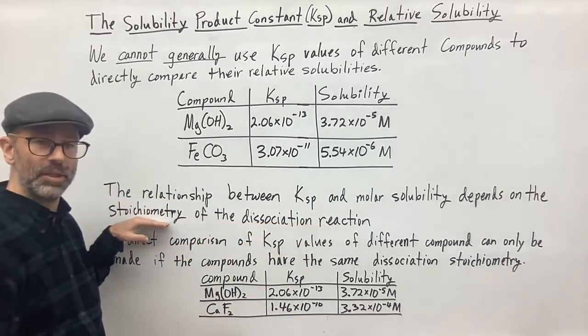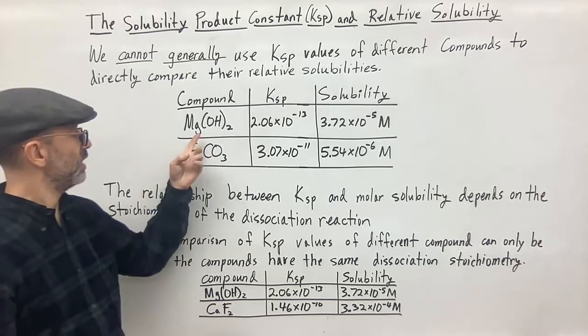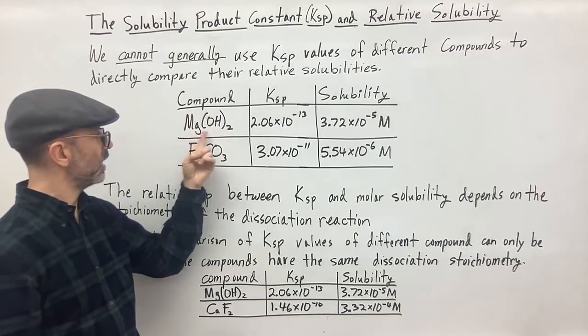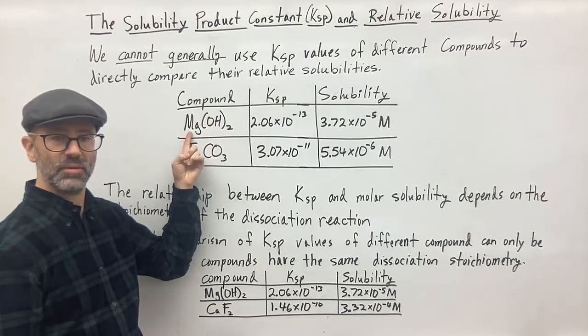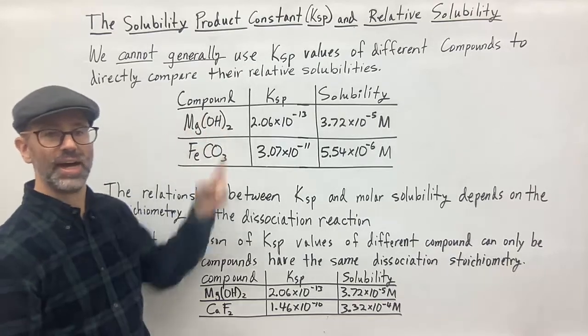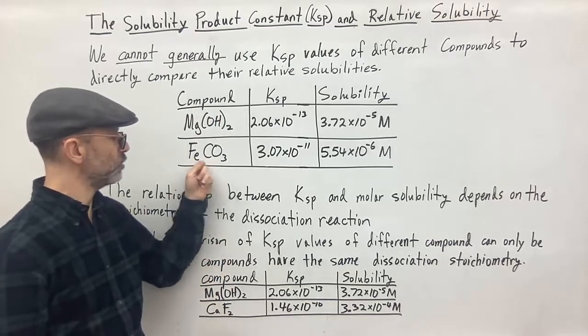What's the stoichiometry of the dissociation reaction? Here you can see that when I dissolve this in water, I end up getting a magnesium ion and 2 hydroxide ions. So I get 3 ions dissolving in solution. Here I only get 2 ions.